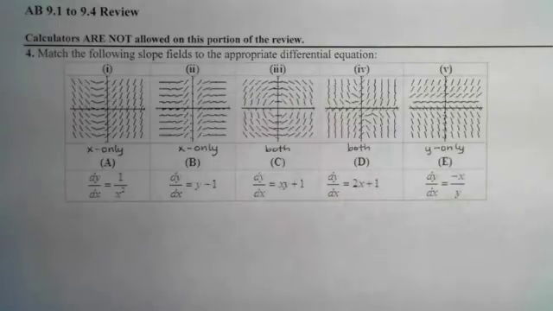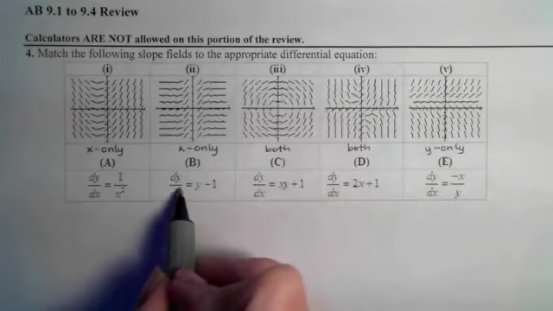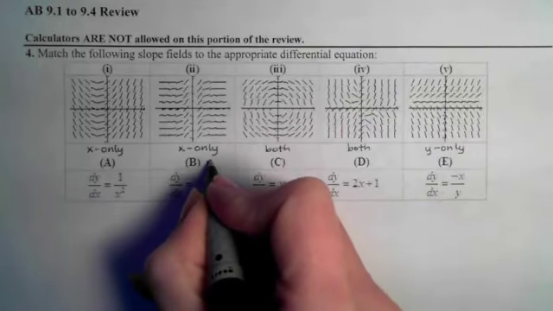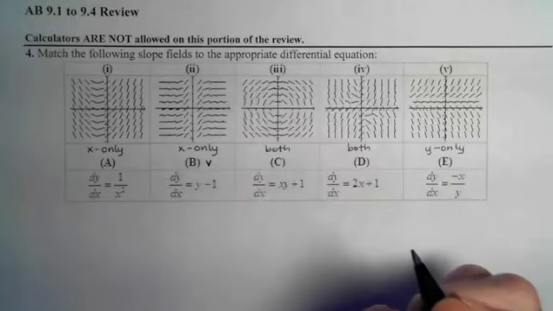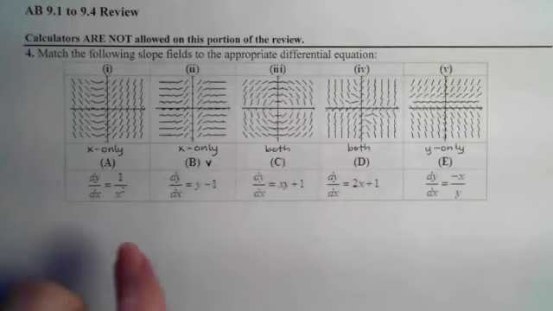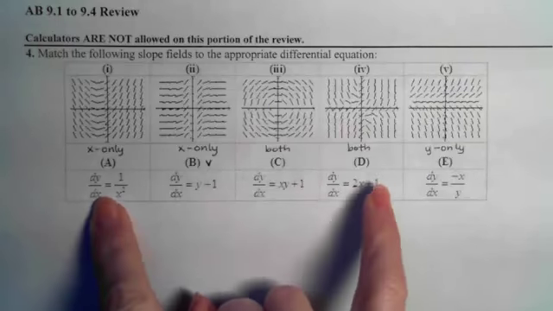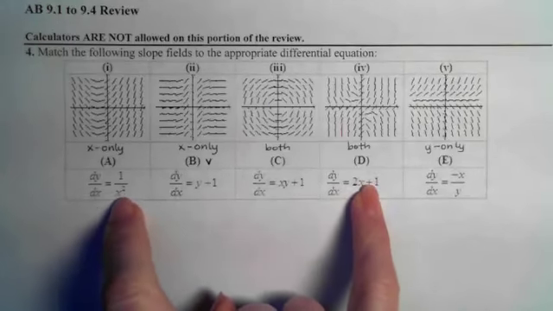So based on that, right away I can see that B is going to go with V, because that's the only one that is a y only. If I look at the two that are x onlys and narrow it down to a and d, well, at a I can see that there's a problem at 0.